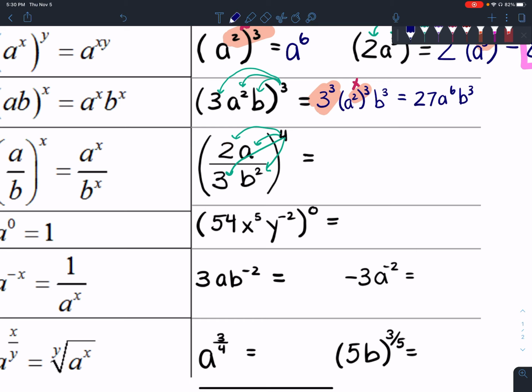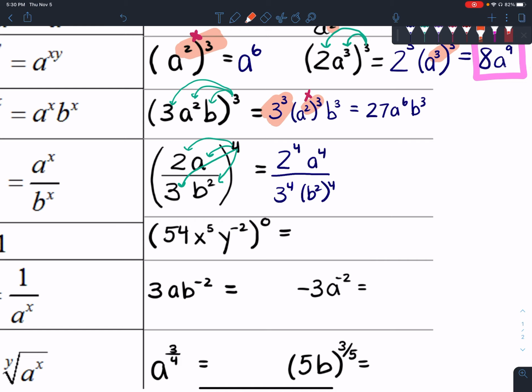So you can write out the intermediate step here. You can put your 2 to the power of 4, a to the power of 4 over 3 to the power of 4, b squared all to the power of 4. So again, this 2 to the power of 4, that's going to become a number, so you have to evaluate that.